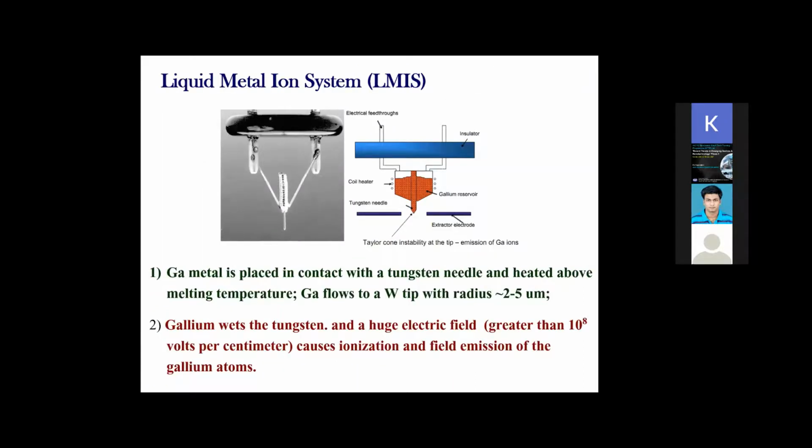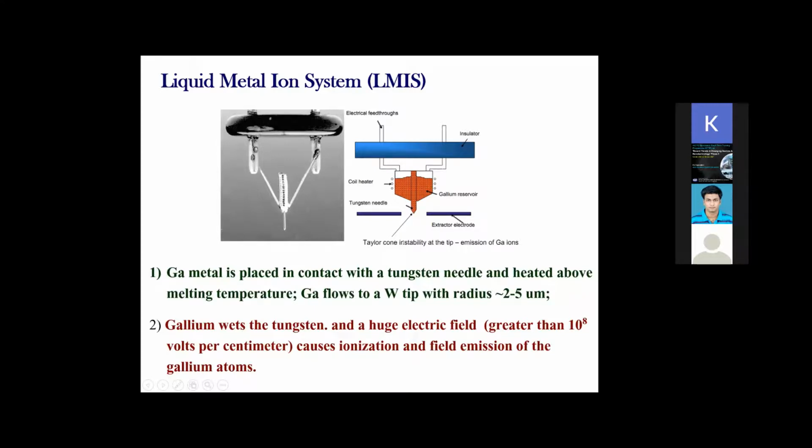So this is how an LMIS looks. You have the tungsten filament, and you have a gallium reservoir over it. You have a small heating coil around the gallium reservoir. Now if you apply a small heat with this heater, then the gallium liquid will flow and wet the tungsten needle.